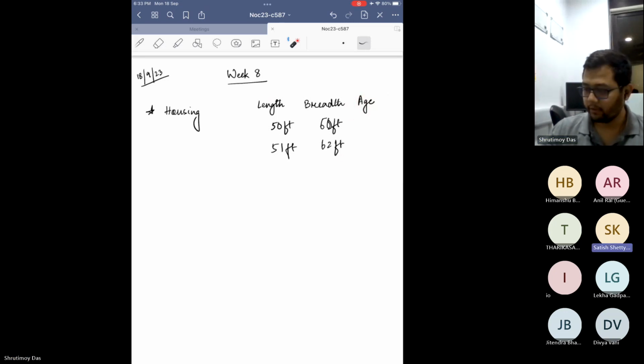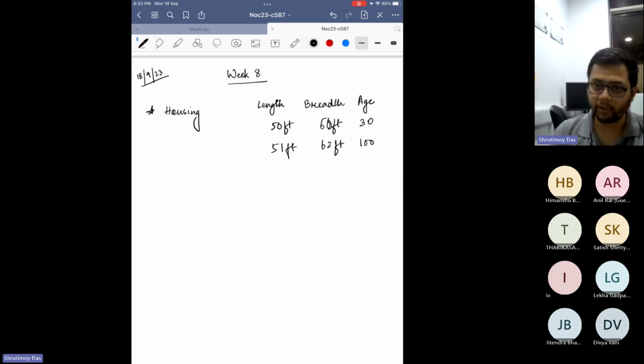But if you include the age, suppose this one is 30 years old and this one is 100 years old, then if you are trying to predict the price, you will have more information about what the price of each of these houses will be. So fewer features means you'll have more noisy data. More features means you'll have more information about the data, and if you have more information, you have less noise in the data.